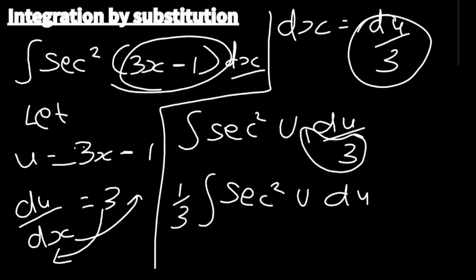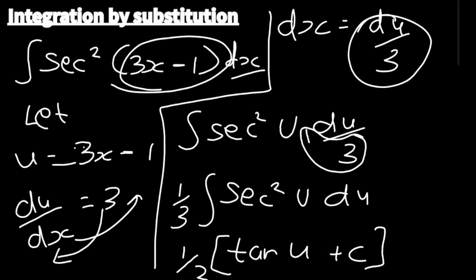So what is the integral of sec squared u? That will be tan u plus c. I'm wondering how I got tan u. The integral of sec squared is in the standard integral tables, so you don't need to worry about this.